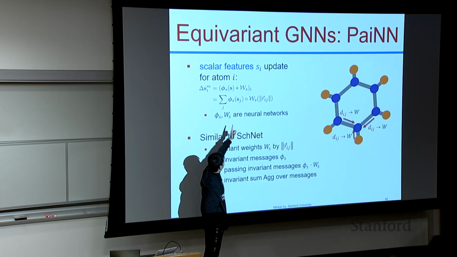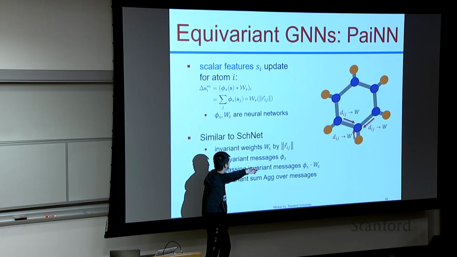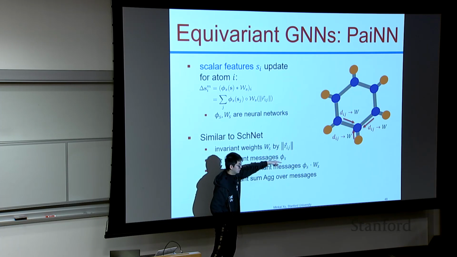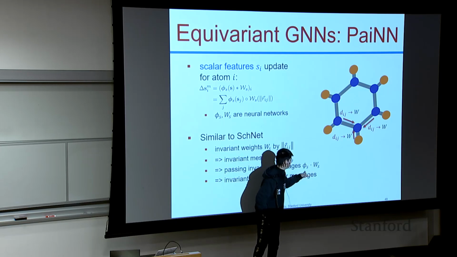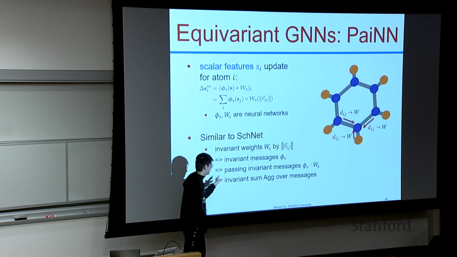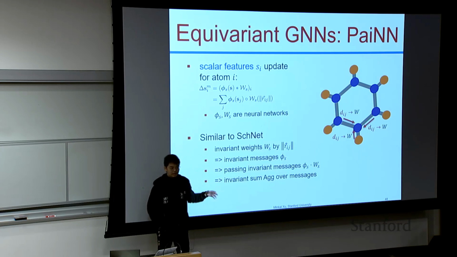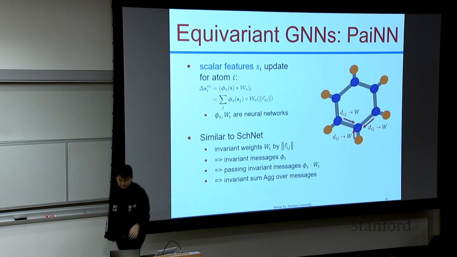The neighborhood node embedding combined with the edge filter W forms a message on that bond. For that node, all the messages, phi-s multiplied with W, are combined together as the aggregated message. Everything here is invariant because it only depends on distance. Still the same.